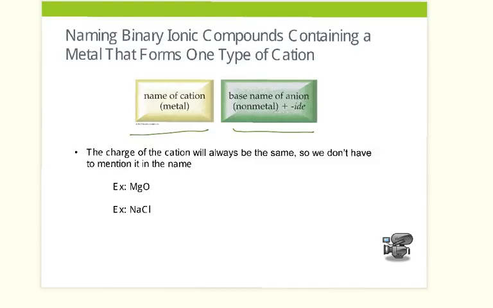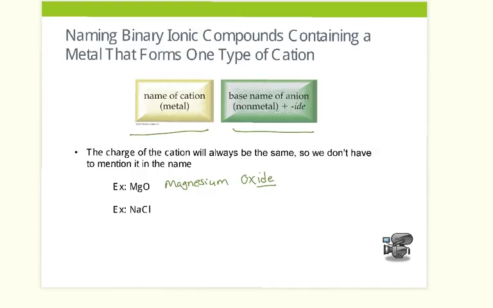So for MgO, we write the name of our cation, magnesium, and then we put a space, and we put the base name of our anion, which is ox for oxygen, and then we just put the IDE ending. And so it becomes magnesium oxide.